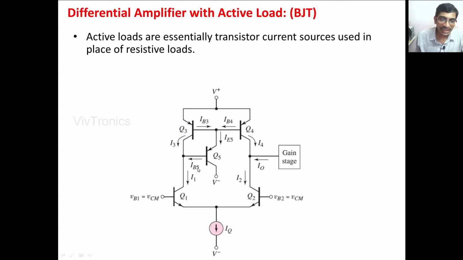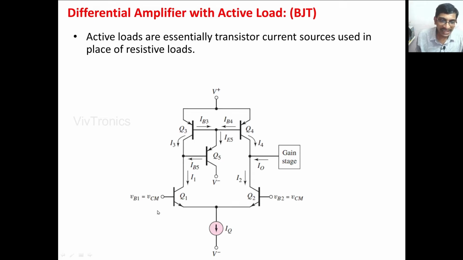Here IB5 is the base current of transistor 5, IE5 is the emitter current of transistor 5, I3 is the collector current of Q3, I4 is the collector current of Q4, I1 is the collector current of Q1, and I2 is the collector current of Q2. The Q5 transistor is biased with the negative supply voltage V minus.